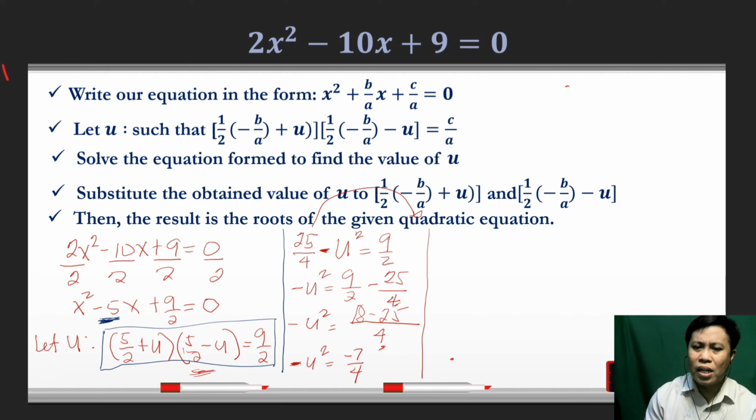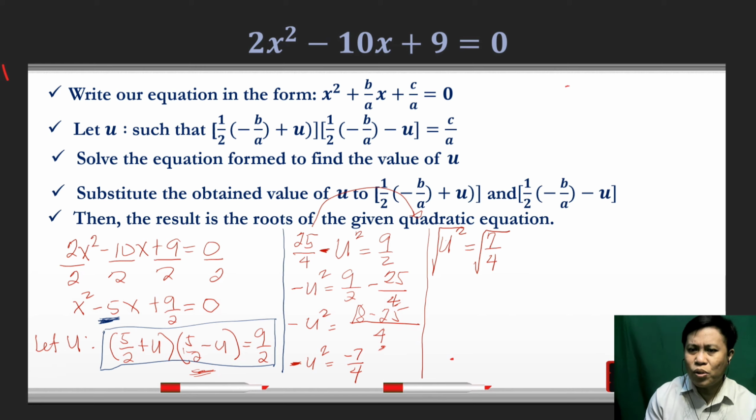So what will happen if you divide that by negative 1, or multiply it by negative 1? It becomes u squared equals positive 7 over 4. Then we'll get the square root of both sides.